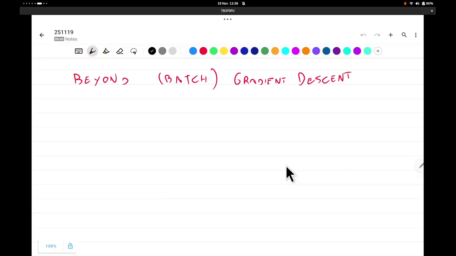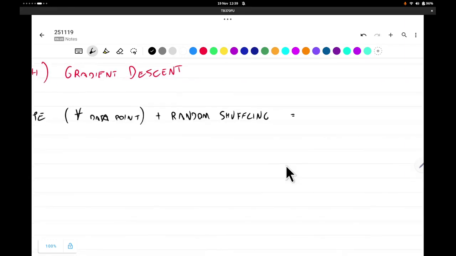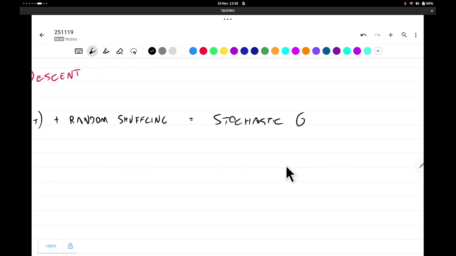So now if we do this incremental update, that means we update our weights for each data point, plus random shuffling, we have the celebrated stochastic gradient descent.